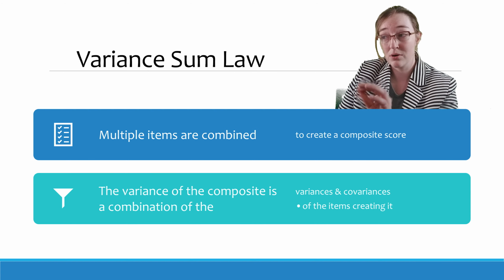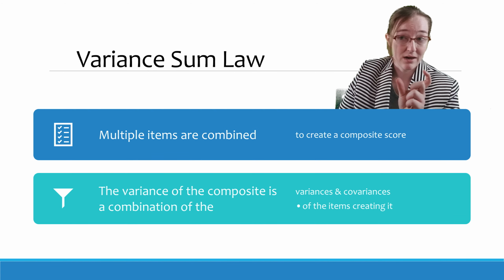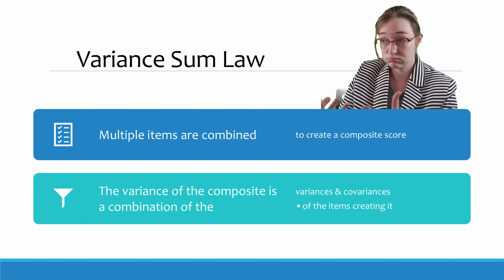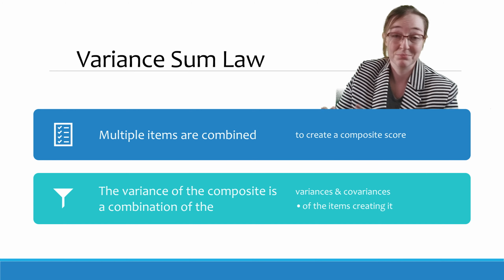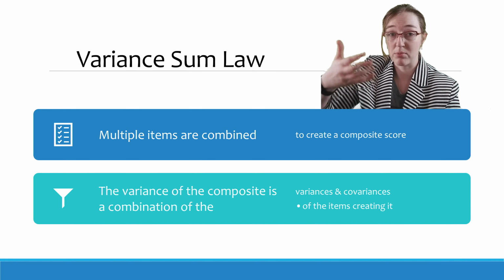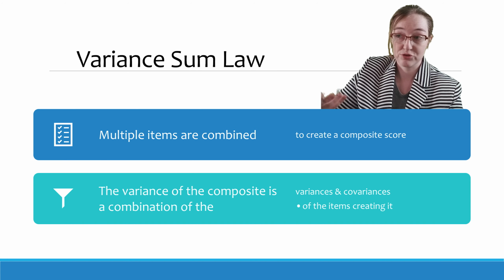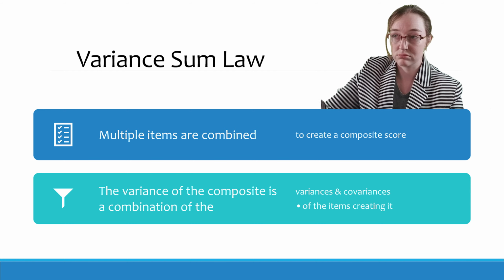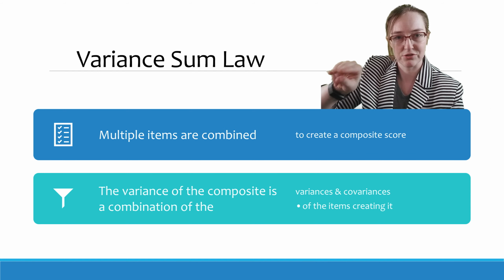So if you know the components of the score, you can figure out what the composite's variance is. That's essentially how we can calculate the proportion of variance of true score and total score, and break up total score into true score and error.